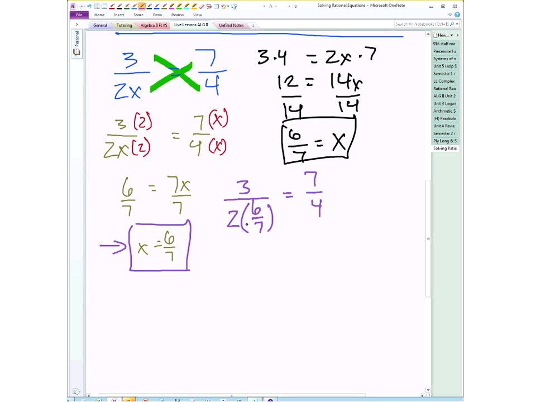So if I look here, I'm just going to multiply 2 times 6/7. Well, it's going to give me 3 over 12/7 equals 7 over 4.